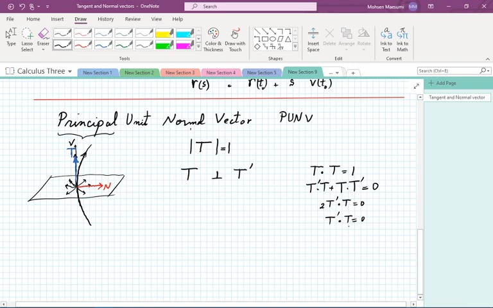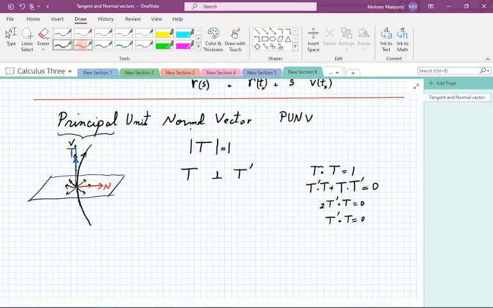Now it so happens that this main vector that we are after, the way your body is leaning typically, is going to come out of this T prime. The only thing is that this is of some arbitrary length. If you want to make it of unit length, we have to take this and divide by its own length.